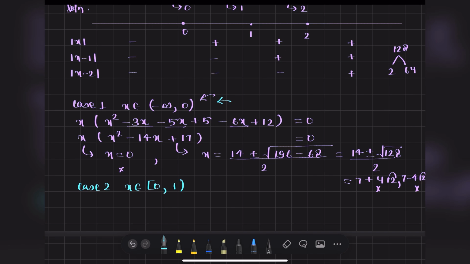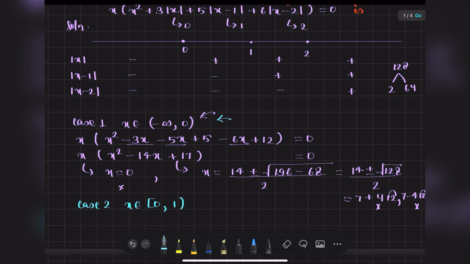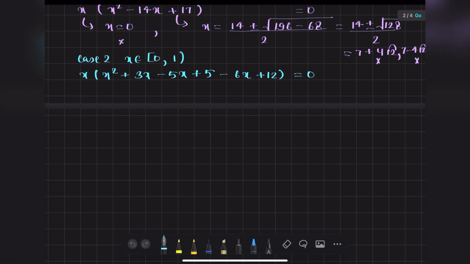You know that the first mod opens with positive sign, so I'll write it that way. So x square plus 3x minus 5x plus 5 minus 6x plus 12 equals 0. Now we will simplify this situation.